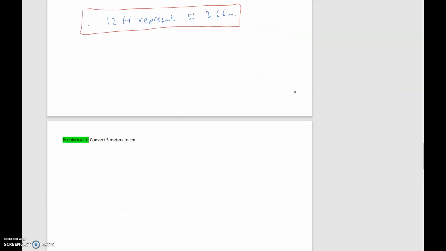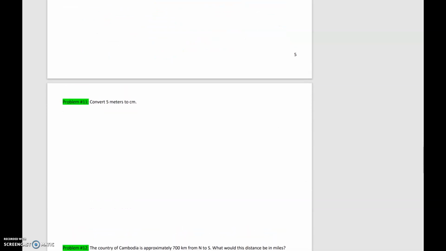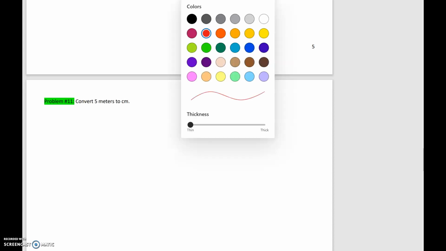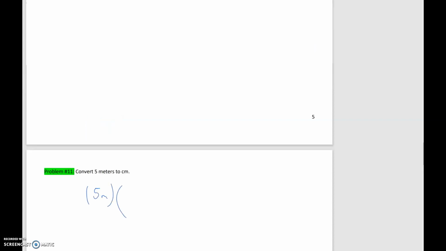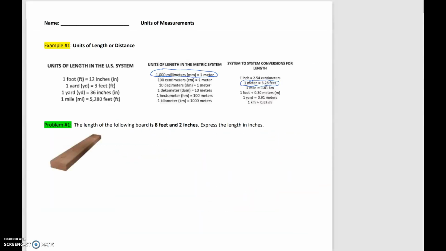Okay, so let's take a look at, in this case, problem 11, and this is meters to centimeters. So let me start with 5 meters. And the conversion factor is going to be that 1 meter is 100, but let me go back to the units.